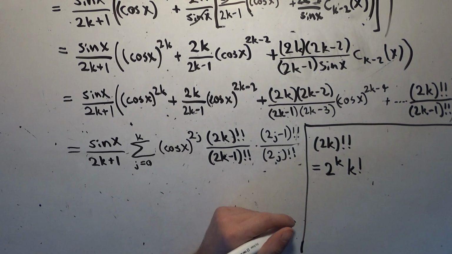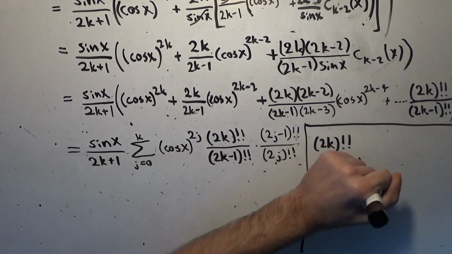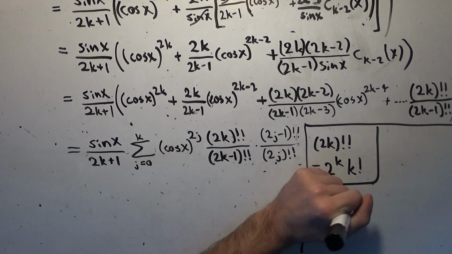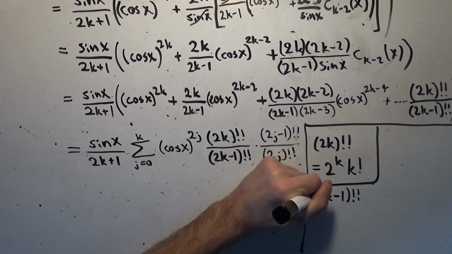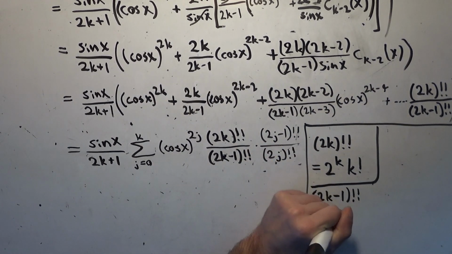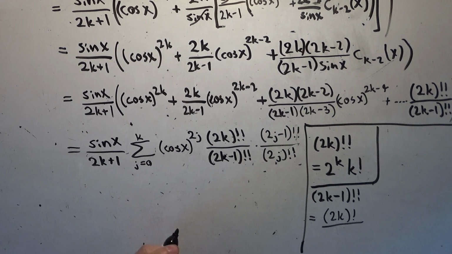We can do the same with the odd double factorials by simply looking at 2k minus 1 double factorial, which is the product of all the odd numbers from 2k minus 1 down to 1. But what we can do is write this as 2k factorial divided by 2 to the k times k factorial. Now, why might that be the case? Because what we can do is consider what the bottom is.